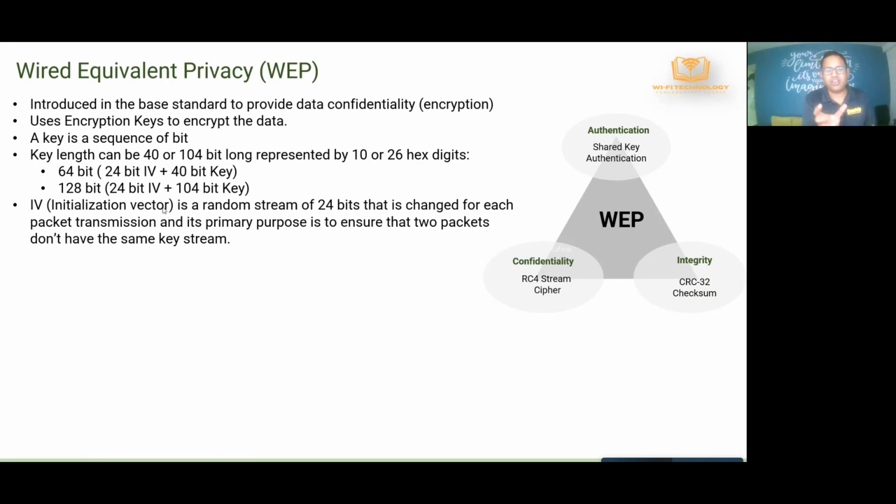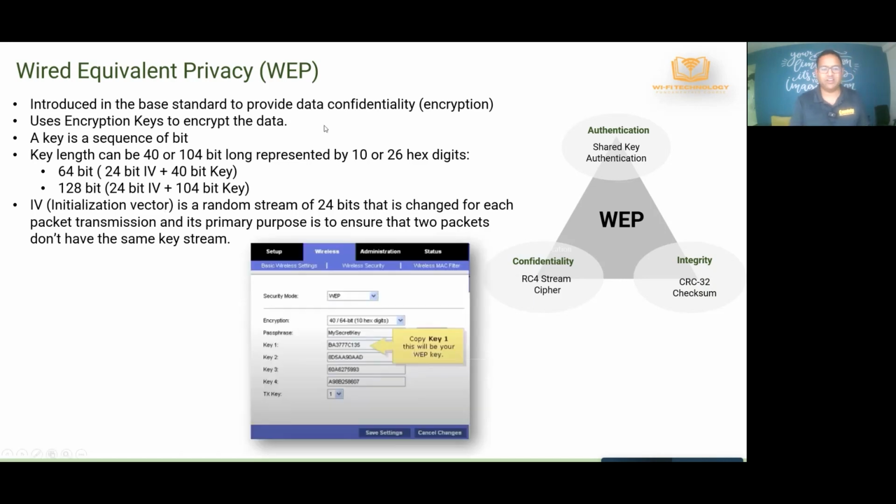So that way the combination, either the 64-bit or the 128-bit combination, is a unique combination for each packet, right? So now the sender will encrypt using that unique combination, which means that every packet that is sent from the sender to receiver is encrypted using a different resulting key, even though the base key is the same. So that is the logic, right, behind using the concept of initialization vector.